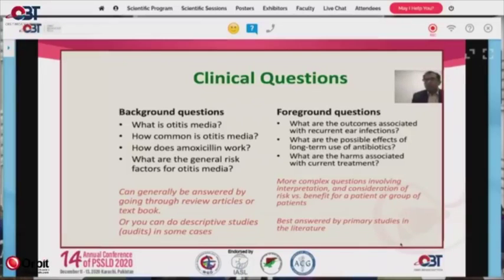So these are more complex questions that involve interpretation, consideration of risk versus benefit, and these are best studied by primary studies, and our research should really focus on these kinds of questions.